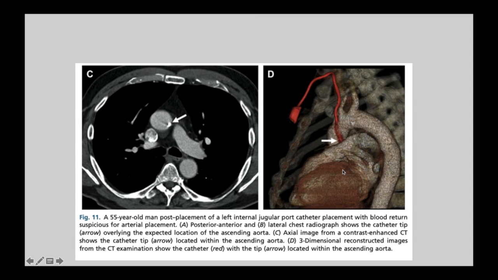Proceeded with CT, which shows the tip of the catheter is within the ascending aorta. And this is a very nice 3D reconstructed image from the CT examination showing the tip of the catheter located within the ascending aorta. And this is everyone's nightmare.